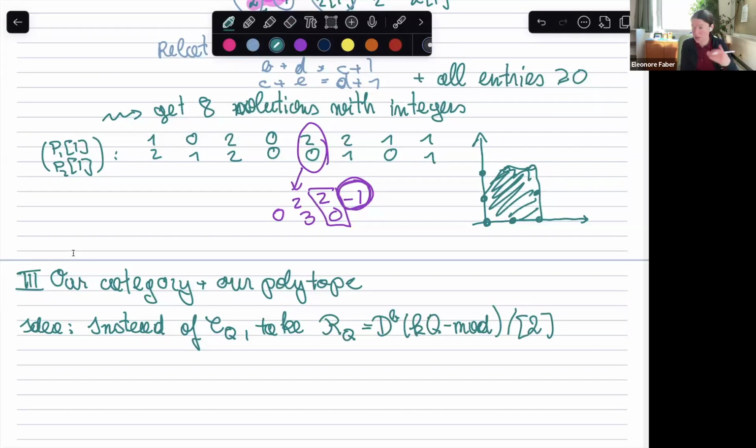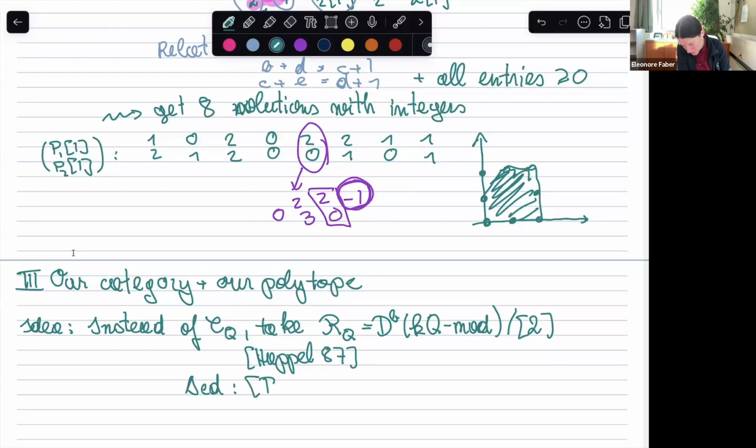These categories have actually been studied, not as much as the cluster category, but people are aware of them. They were studied, for example, by Happel, the first one, probably in '87. Then it was shown that these categories are triangulated.